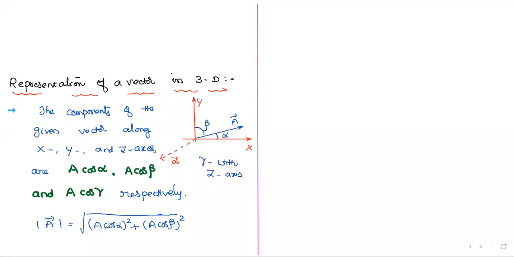Pranav, here AX square plus AY square is for two axes. We are introducing the third axis. Additionally, since that is perpendicular to these two axes, using the Pythagoras principle again, plus I have to write A cos gamma whole square. You understood this step, Nana?